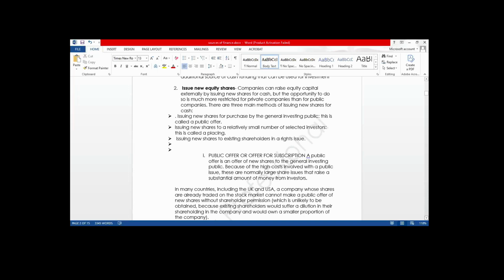This is the issue of new shares to the general investing public. This method can only be used by publicly quoted companies. Please underline that word. A public offer can only be used by publicly quoted companies.